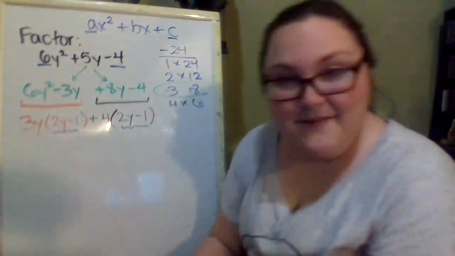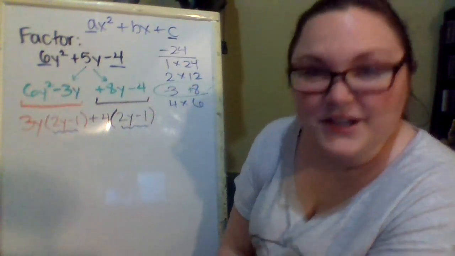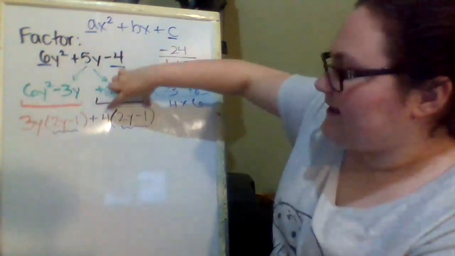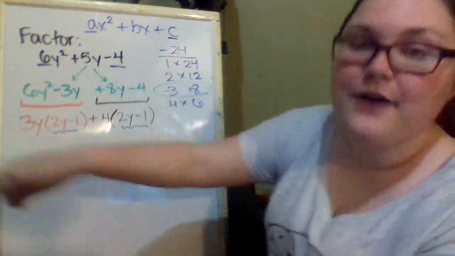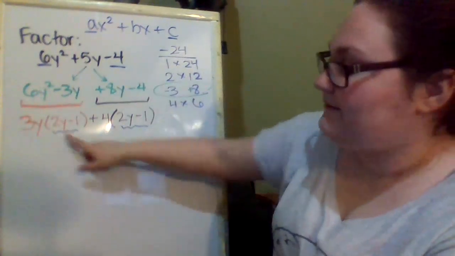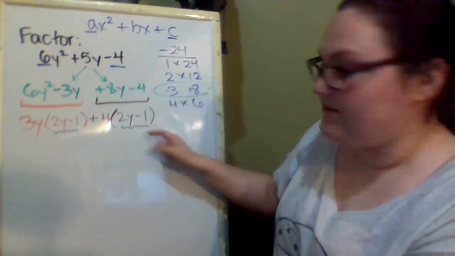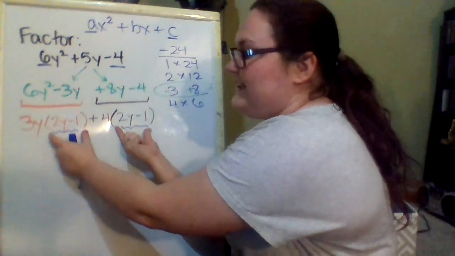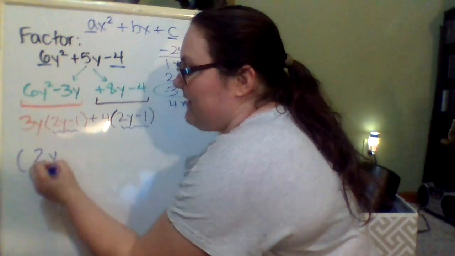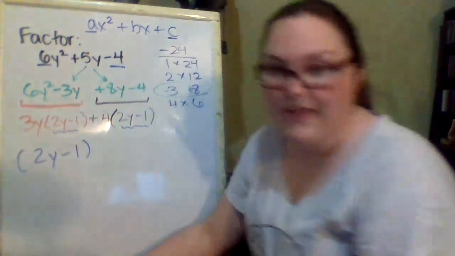For our last step, what we do is we say we're going to use GCF again. Looking at these two parts, again, I'm going to take out what they both have in common. And in this problem, what they both have in common is the 2y minus 1. So what I'm doing is I'm pulling this 2y minus 1 out to be my GCF. It's what they both have in common.